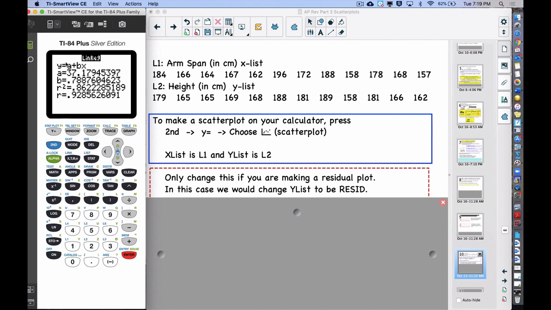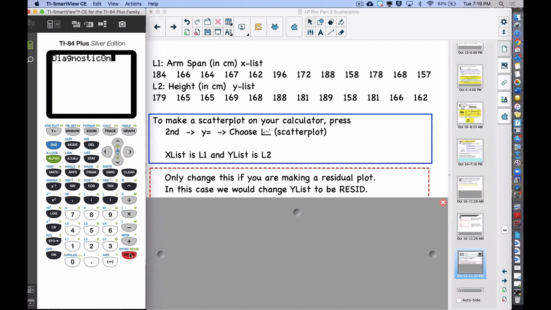So now, first of all, here's our equation. There's our r squared value and our r value if we needed them. If yours don't show up, you need to go to second 0 for catalog, and we want to go all the way down to the D's to diagnostic on. Don't do off, we want it on.